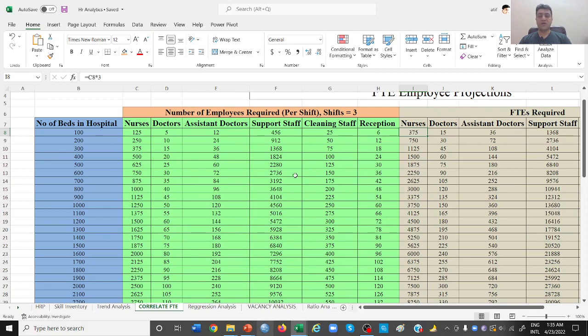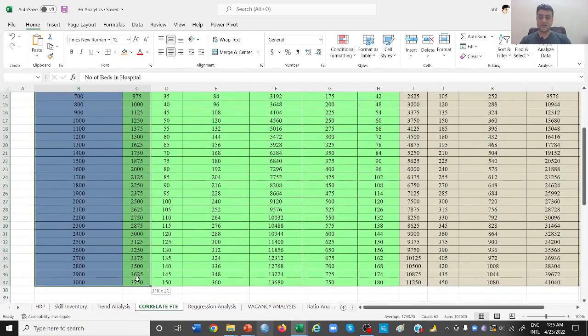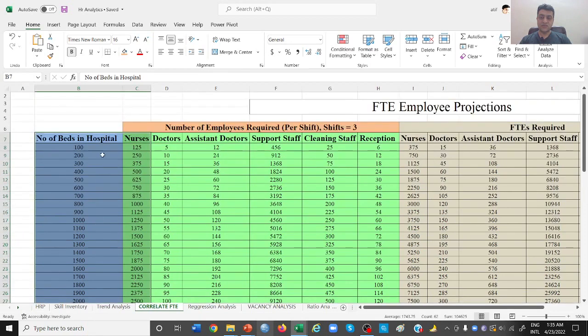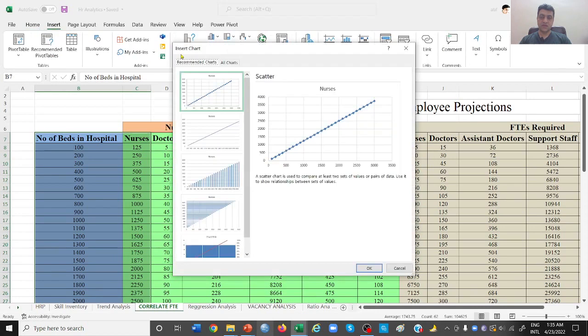Now, how can we do the analysis? So, one basic simple analysis can be, first of all, if we have to see the trend or the correlation among the nurses and the number of beds, select these two sets of data and then apply some kind of correlation.